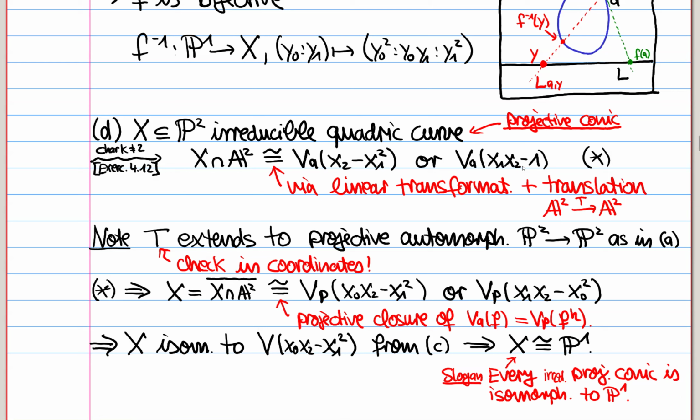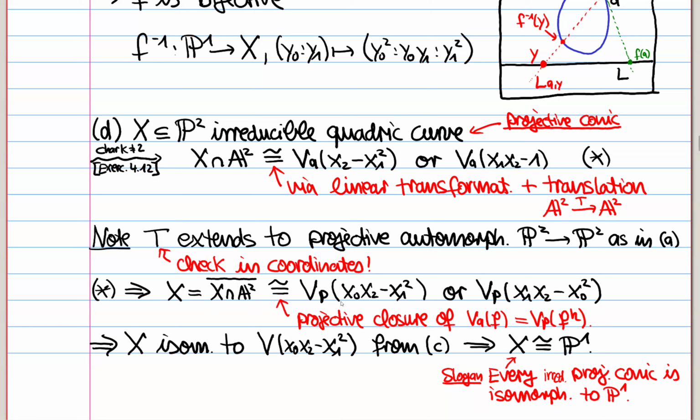And we have seen how to take these projective closures: we just take the thing cut out by the homogenized equation. So if you homogenize this here, you need to bump it up to degree 2 by inserting x0 here. To homogenize this, you have to bump up this term to degree 2 by inserting x0 squared. So via this projective automorphism, we have shown the irreducible quadratic curve X that we started with is isomorphic to this vanishing locus or this vanishing locus.